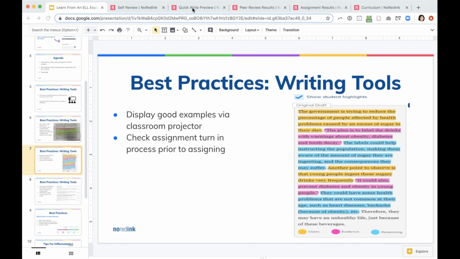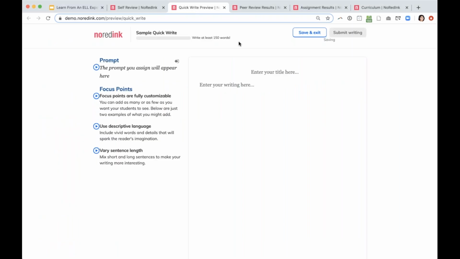Some of the assignments, after they hit submit, they're all the way in. There's no redoing it. There's no revising it. It comes to you as the teacher. You grade it, and that's it. Whereas with other assignments, after they're done submitting, you're able to push it back out to them and say, nope, try again, try again. So my suggestion to you would be to check your assignments first before you assign them. Not just the assignment, but the turn-in process to the assignment.